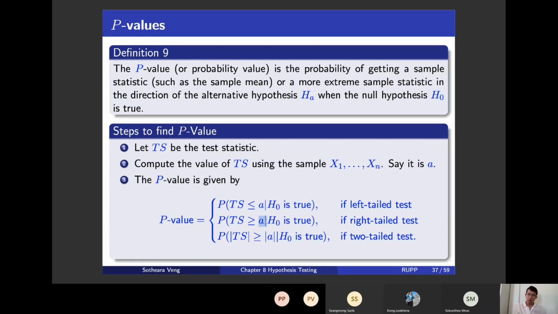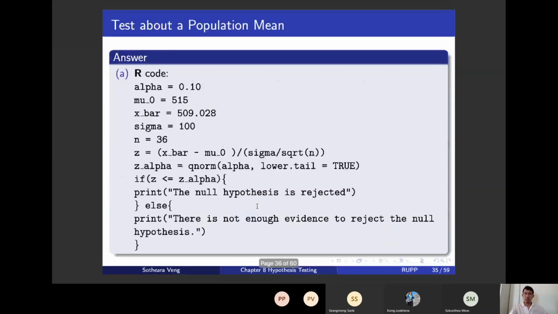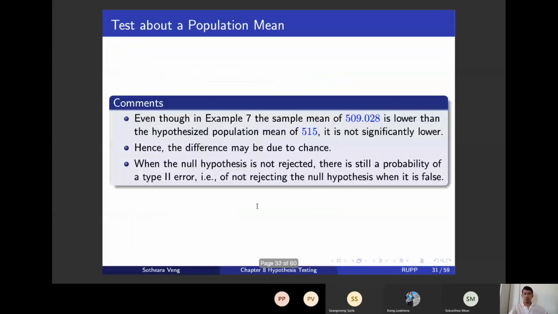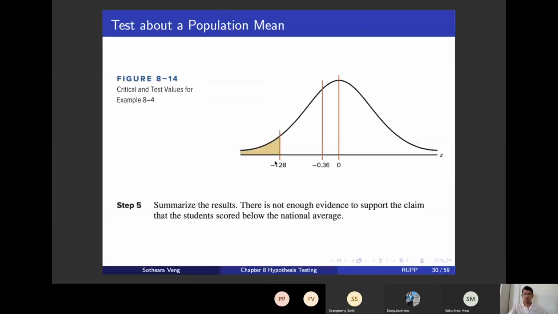I mean the area corresponding to the test value, knowing that the null hypothesis is true. Okay, for the left-tail test, we define it in a corresponding way. For the left-tail test, your p-value in this case is this area, right?